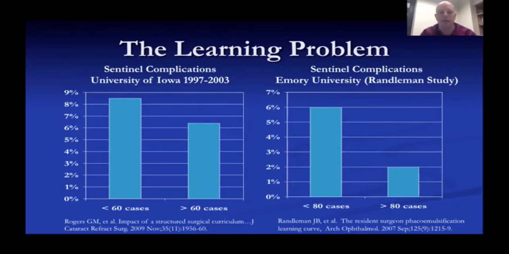Residents who had not done many cases had significantly higher complication rates than surgeons who had done more cases. So we wanted to try to identify a way to reduce those early complication rates. Another study done around the same time at Emory University showed a significant effect as well. So we know that early surgeons have higher complications, and we wanted to try to figure out why and how we could reduce those complications for our patients.